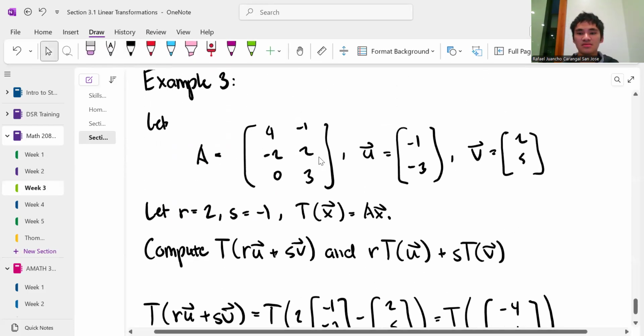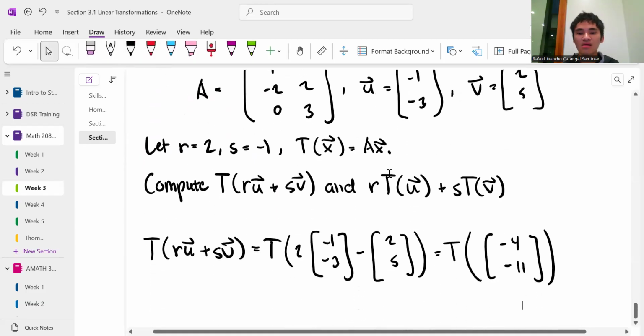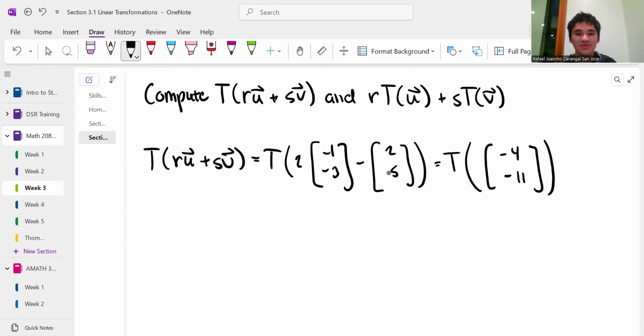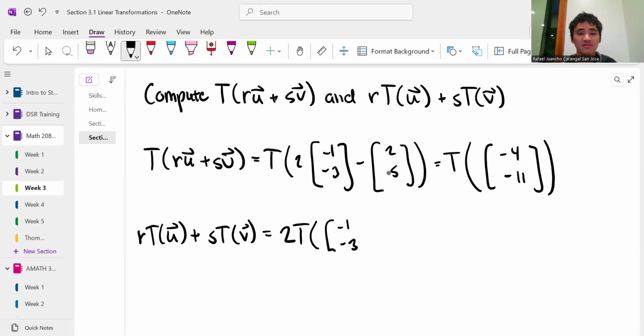Now, oh yeah, let's see if that's equal. Let's try to compute for R T of U plus S T of V. So R is 2 times T of negative 1, negative 3, right?